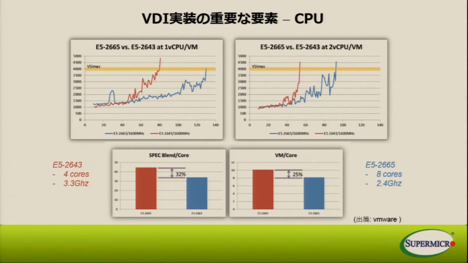So actually the 2643, although it has fewer cores, is running at a higher frequency. So it can support more virtual machines per core than the 2665 here. So this shows as a result that if you have some real application, you can try to pick a CPU with a higher frequency, which will be better for your application.